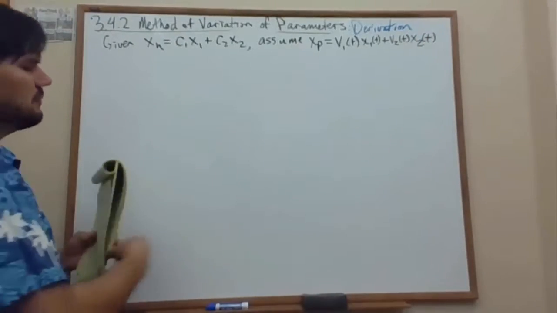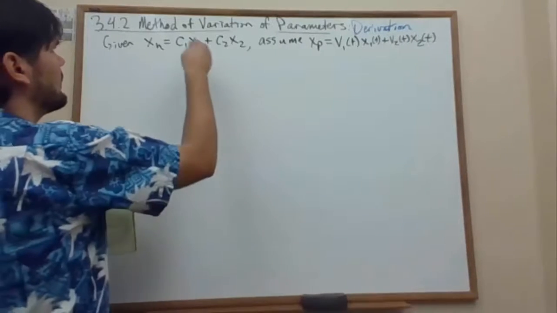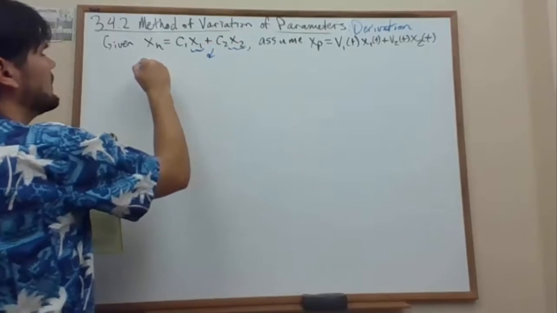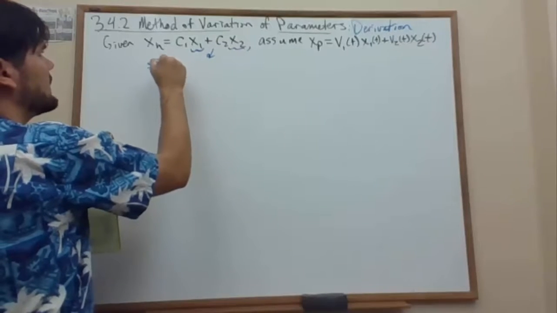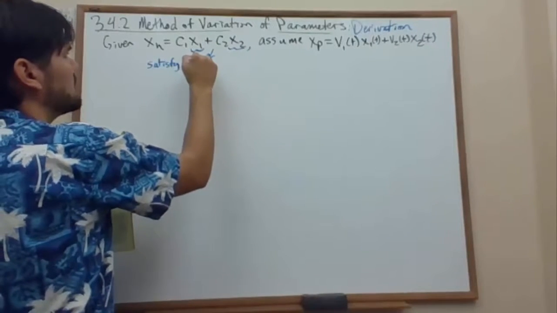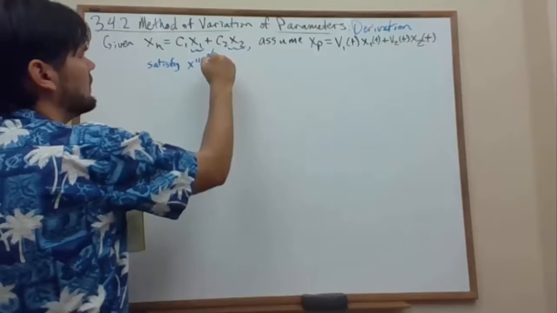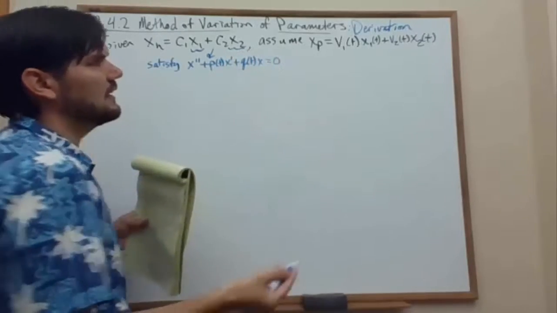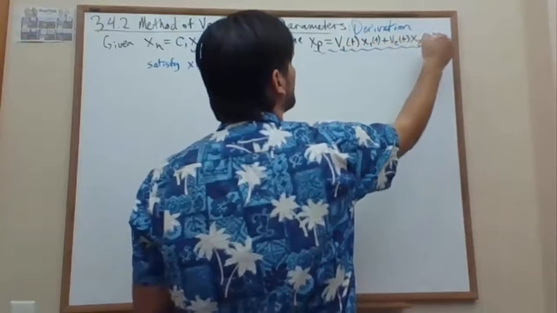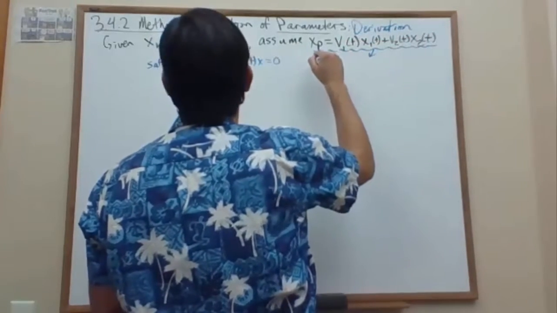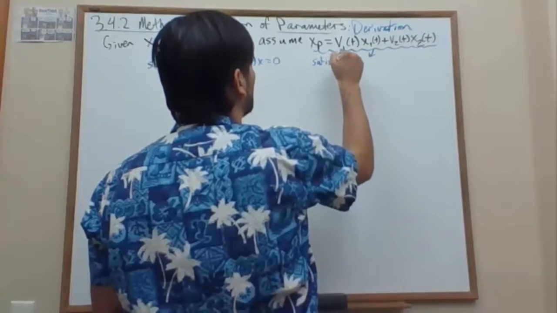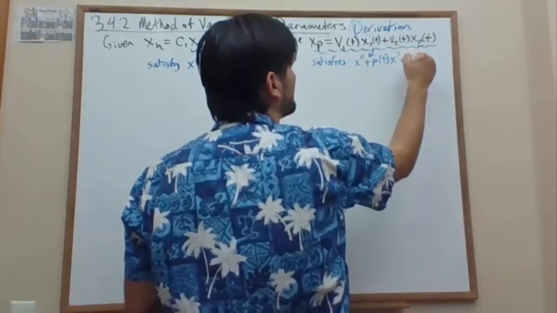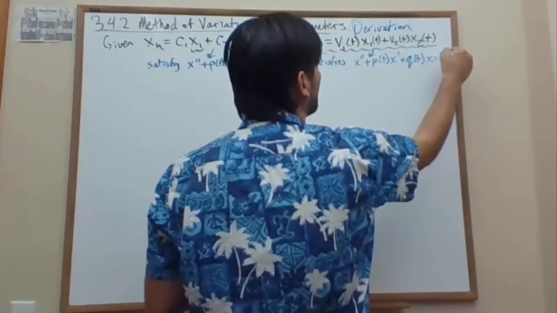Now, what does that mean? Well, that means that these component functions satisfy x double prime plus p of t x prime plus q of t x equal to 0, and our full particular solution satisfies x double prime plus p of t x prime plus q of t x equals f of t.